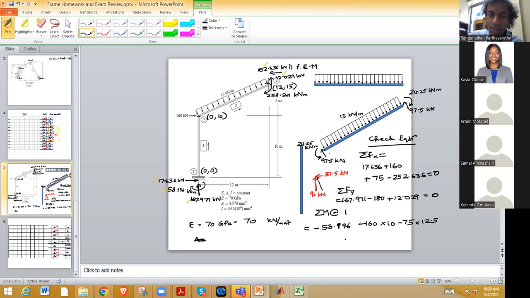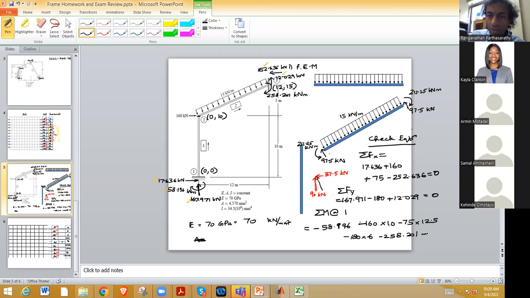And then the vertical is 180. So you will have negative 180 times 6. Okay. Then you have negative 258.201.